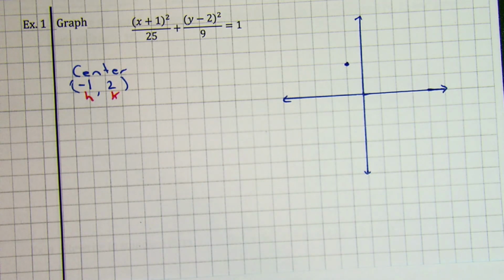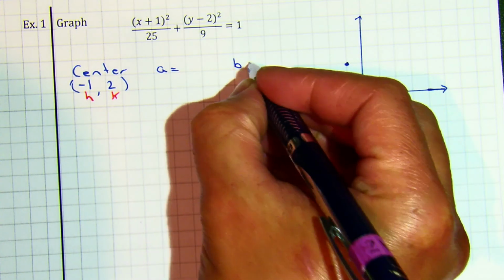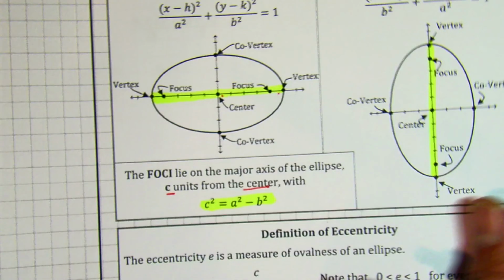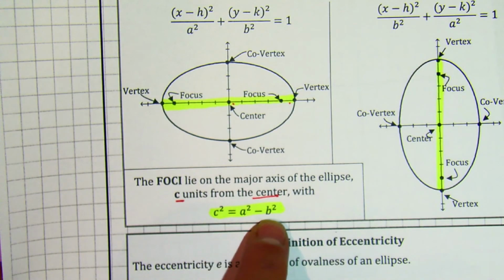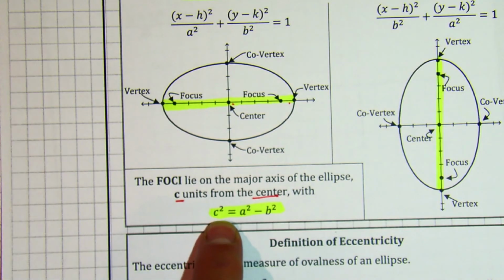Now, I'm going to be able to find my A value and my B value. Because your formula is A squared minus B squared, your A value always has to be the larger number, because we don't want the C to be an imaginary number.